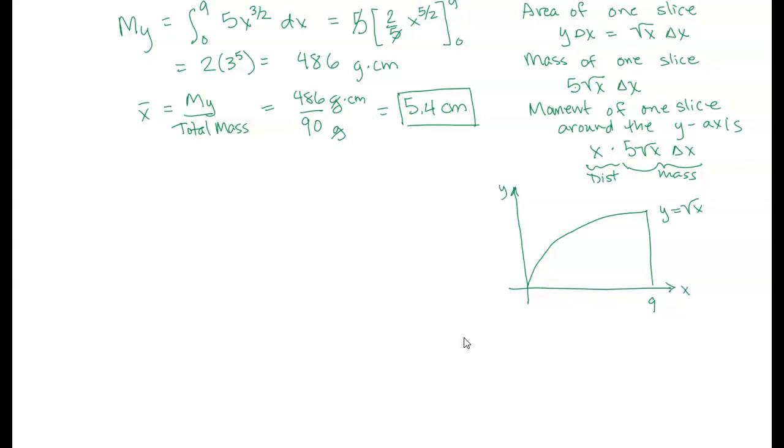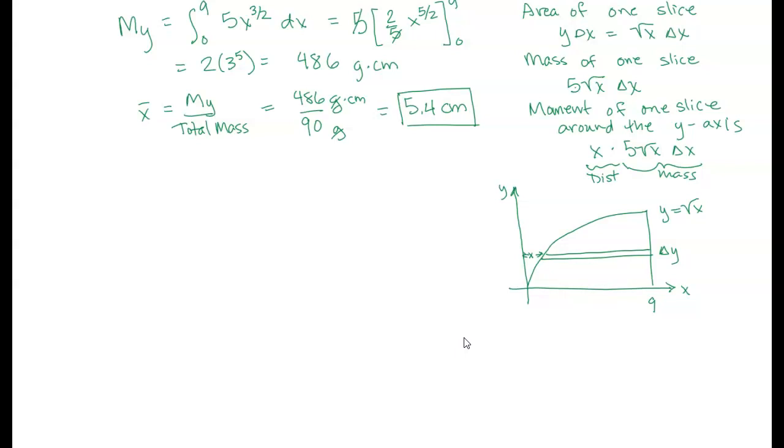All right, so in order to find the y-coordinate of the center of mass, what we're going to do is find the moments around the x-axis. And we're going to slice it in the opposite direction. So I'm going to take slices in this direction. So this is delta y. This distance here over to here is x.